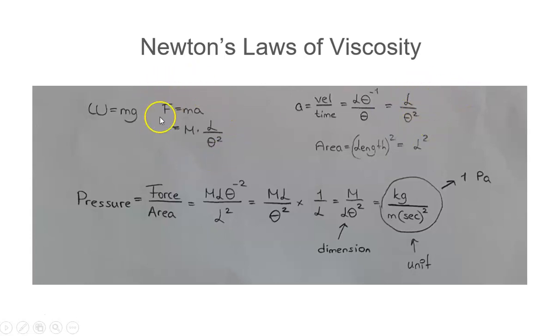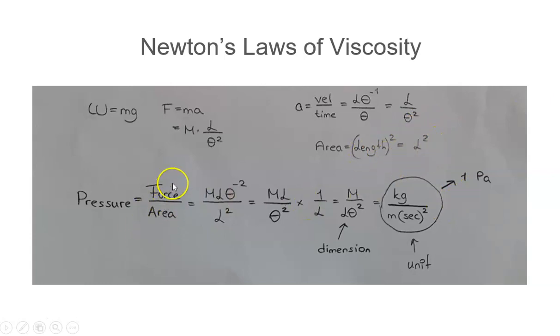So if we come back here and substitute the dimension of a into this equation, we have M multiplied by L divided by theta squared. We also know that area is equal to length times breadth, and if we are dealing with the same length and breadth, then we can say length times length, and that gives us L squared in this case.